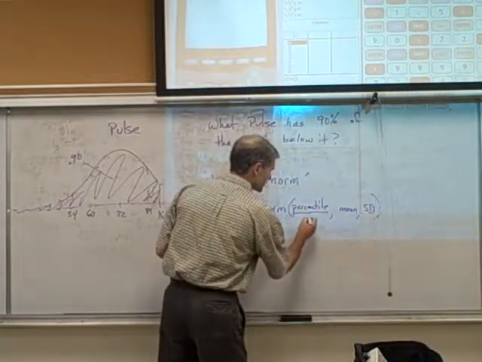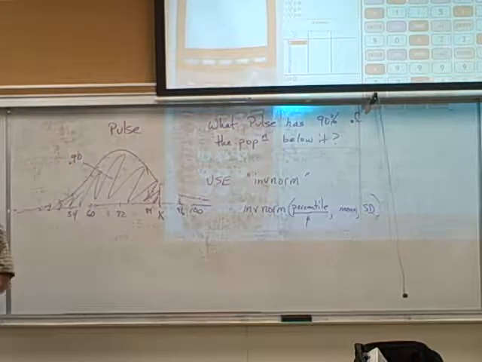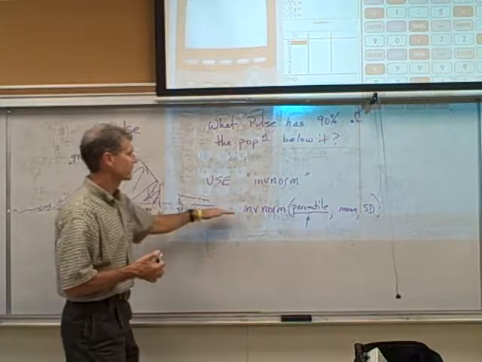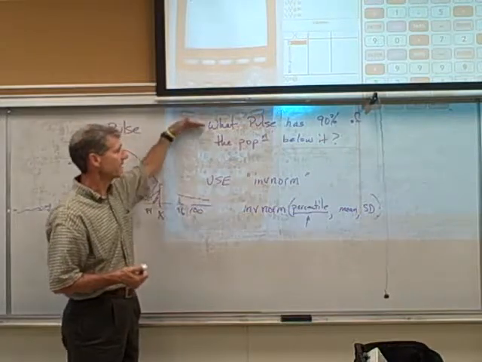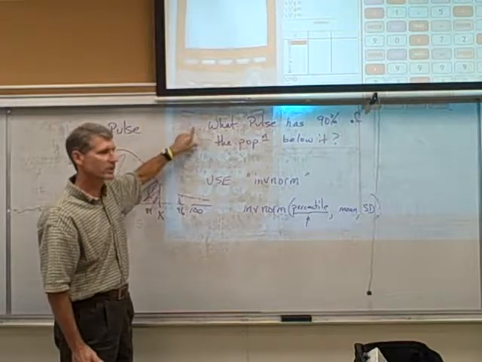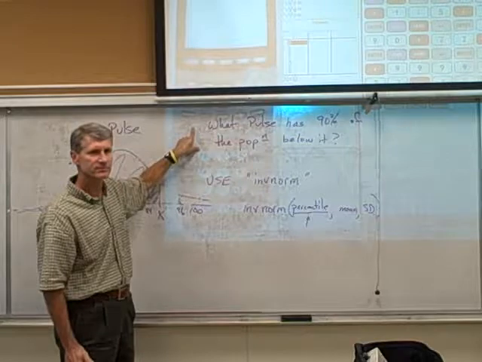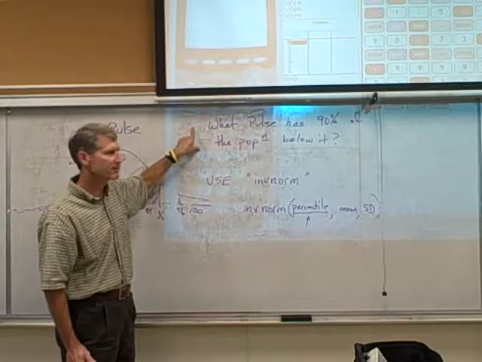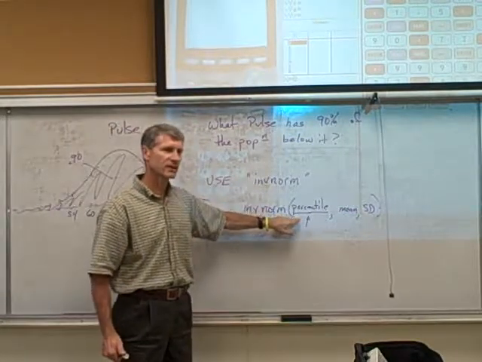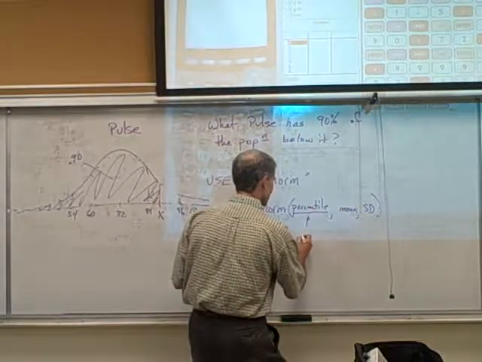Now, what do we mean by percentile? Well, in other words, the inverse norm function is going to return for us the 90th percentile. And that's what this question says. Another way I could have worded this is, what is the 90th percentile pulse? That means the same thing. So the percentile that you want goes in there. So in this case, that's 0.90.